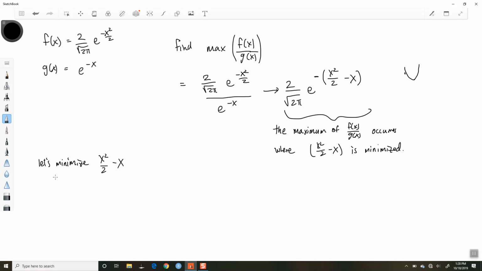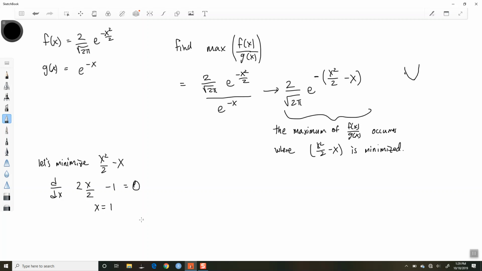And so just using calculus, we get 2x over 2 minus 1. So this leads to x equals 1. Or I'm sorry, I'm jumping ahead of myself. I have to set this equal to 0, right? Okay, and then we get x equals 1.